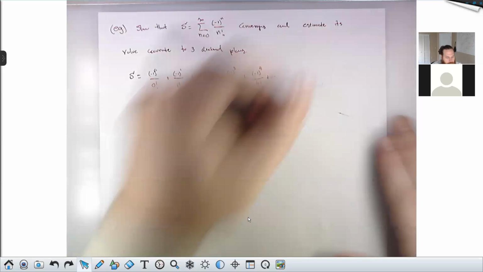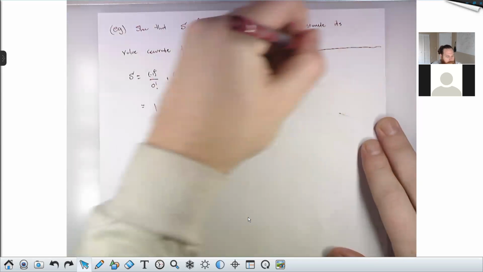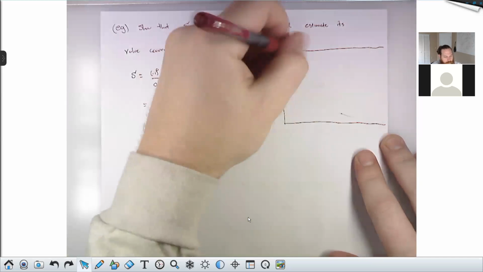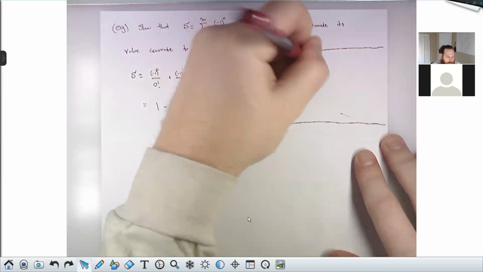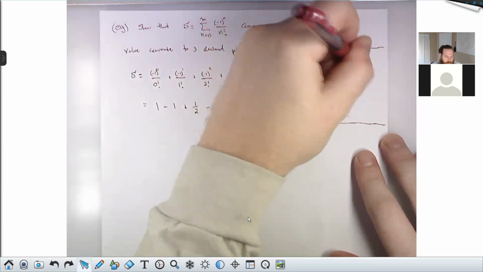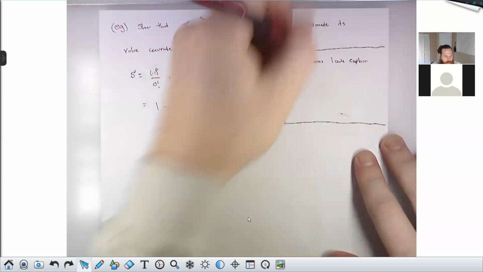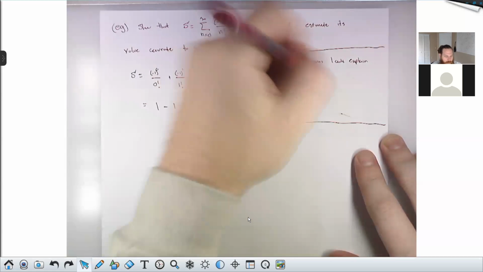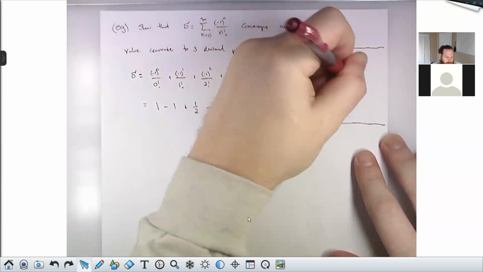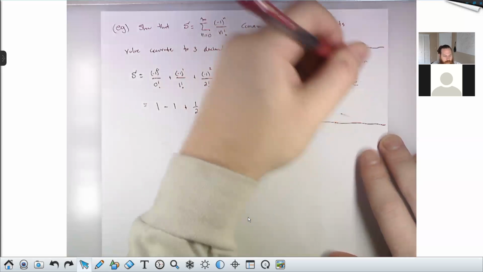Similar to the last problem, for reasons I can't explain now, but can explain after we learn about power series, I know that S here is actually equal to 1 over e.